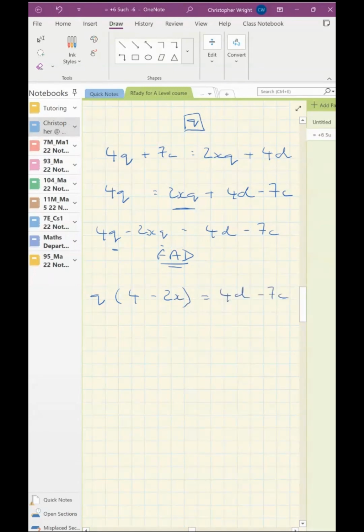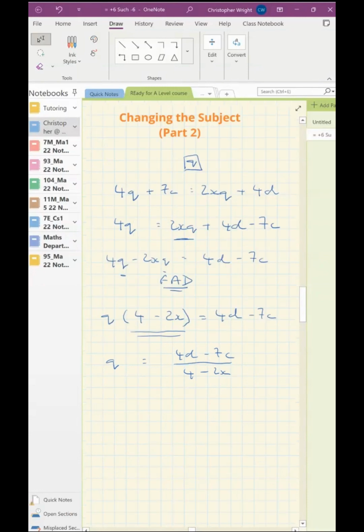And now you can simply divide by your bracket there, because on the left-hand side you've got Q multiplied by the bracket. So now I'm simply going to divide both sides by 4 minus 2x. So there you go. We've used FAD: we've factorized and divided.